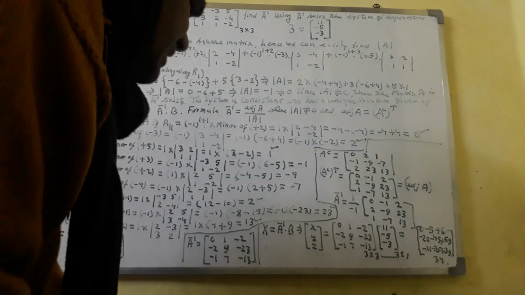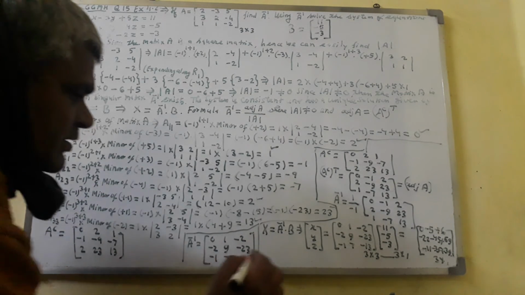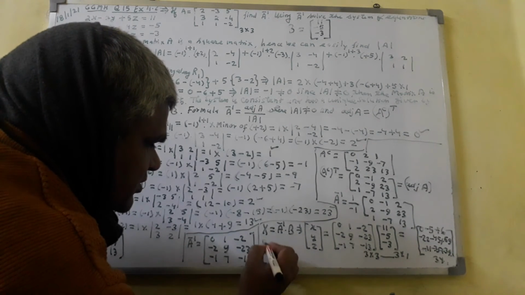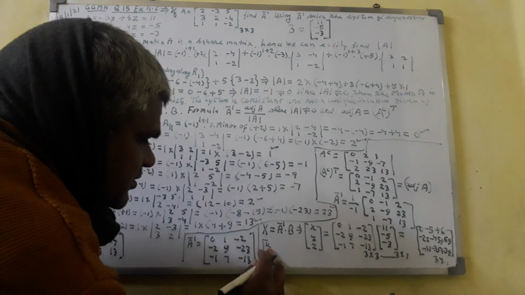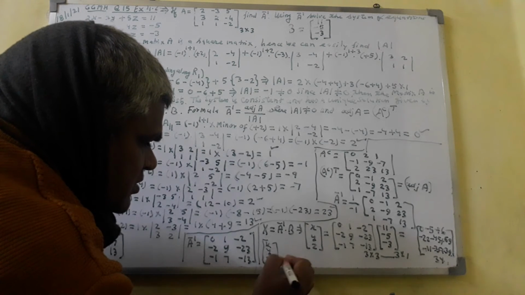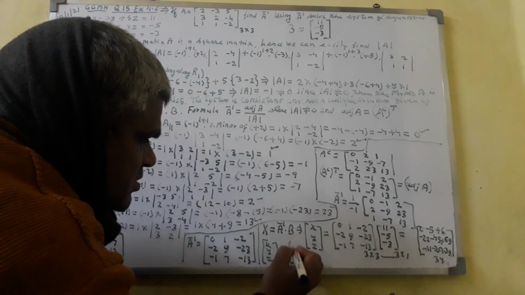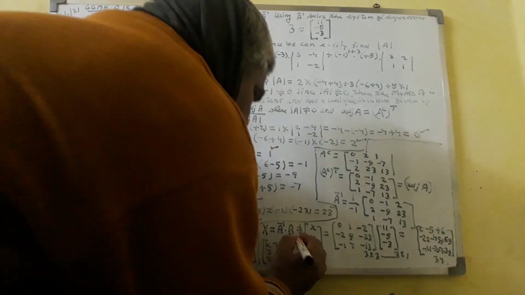Now locate here. So here you will get, here I am going to write x, y, z. Minus 5 plus 6 comes out here 1.